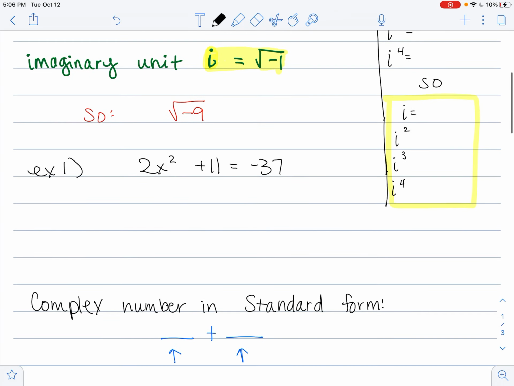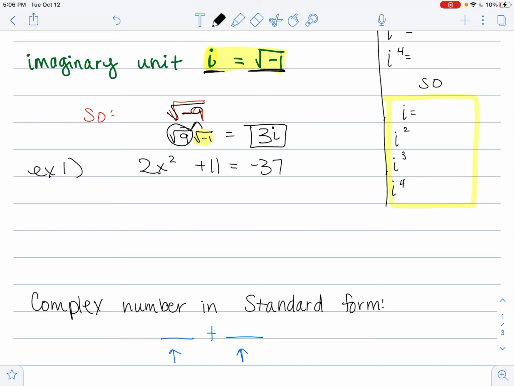So if I know i equals the square root of -1, and I'm trying to simplify the root of -9, I can simplify this as the root of 9 times the root of -1, just like when we've been simplifying before. The root of -1 is just i, and the root of 9 is just 3, so it's just 3i.